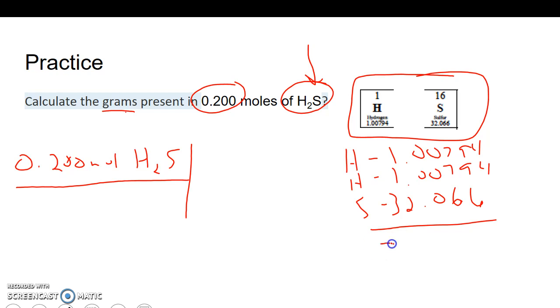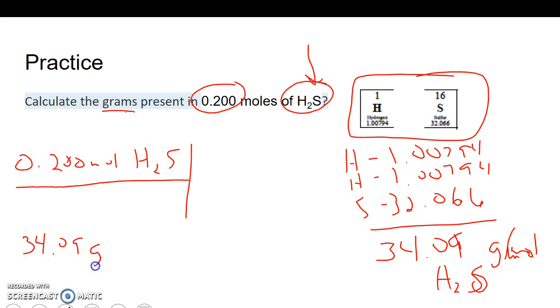I'm going to round this to the hundredths place like we should. 34.09. Remember our units now when we label molar mass. Grams per mole H2S. Okay?